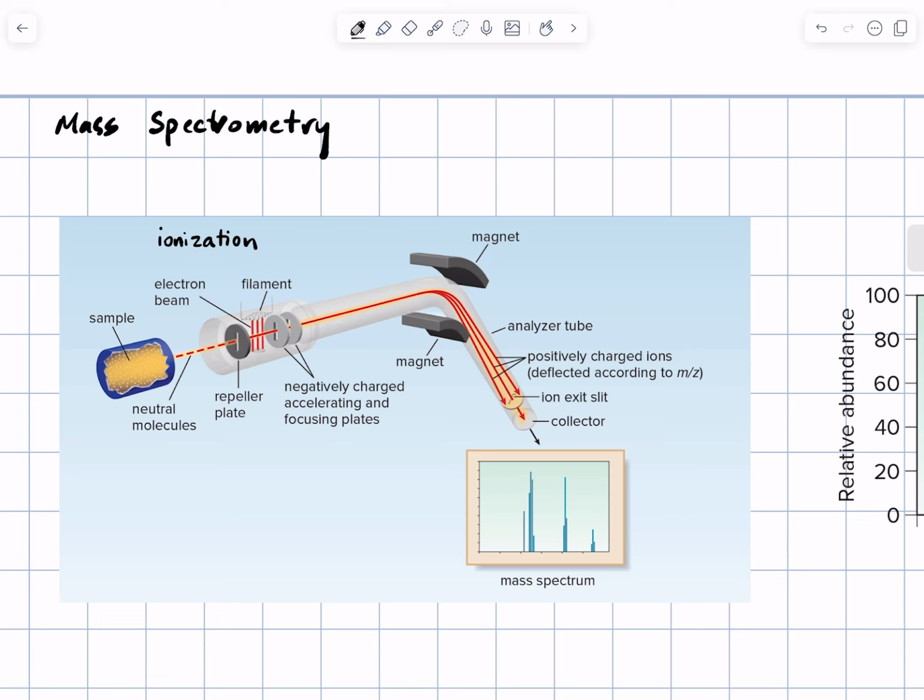But mass spectrometry is based on the idea that charged particles move in characteristic ways in magnetic fields. So most of the organic molecules we've dealt with, molecule M, are neutral. And mass spectrometry deals with charged molecules. So you have to have a way of ionizing the molecule and making it charged.